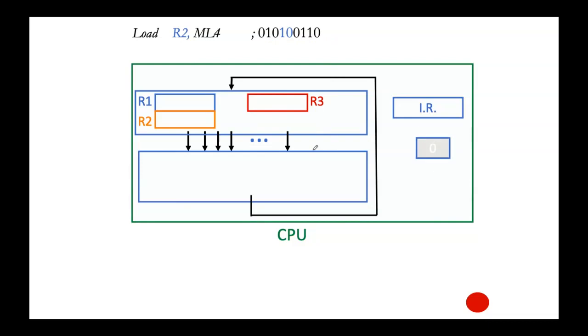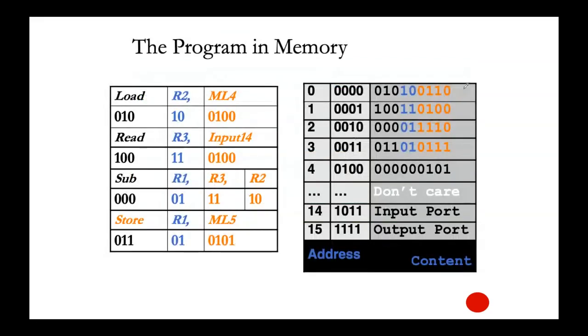First, the program counter holds the address of the first instruction in the memory, that is 0. Then the instruction is fetched.